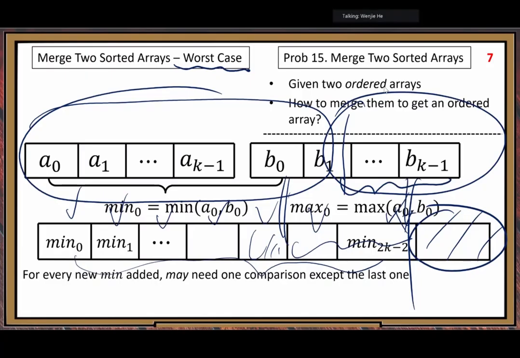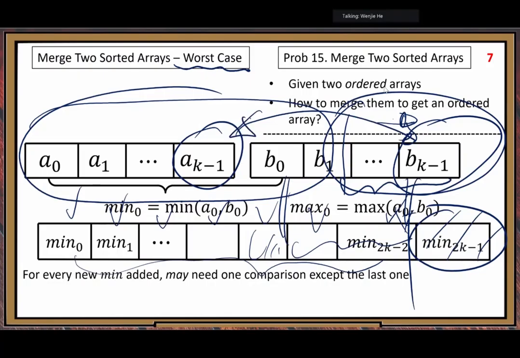In the worst case, you are pushed to the last element in the subarray. The last element in each subarray, you still need one comparison to put it in place. That's the worst case. So the answer for the worst case, now we can see, is 2k minus 1.